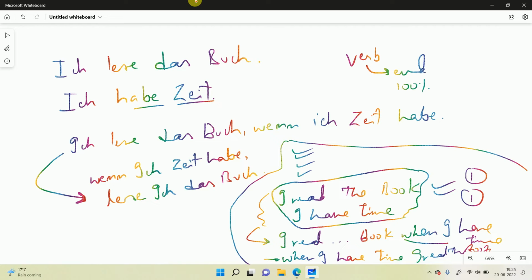So what is happening when I'm using when at the first place? Then I'm using a comma, and then comes the verb. It is like this: when blah blah blah, comma, and then comes the verb. And previously, the sentence was blah blah blah, comma, when, and then at the end comes the verb.